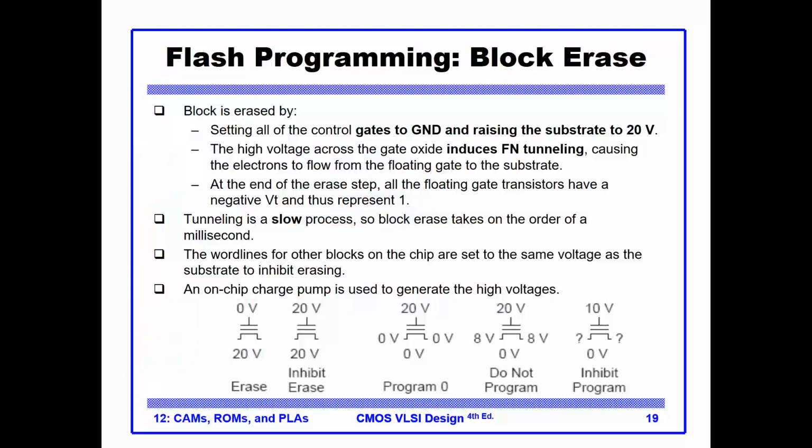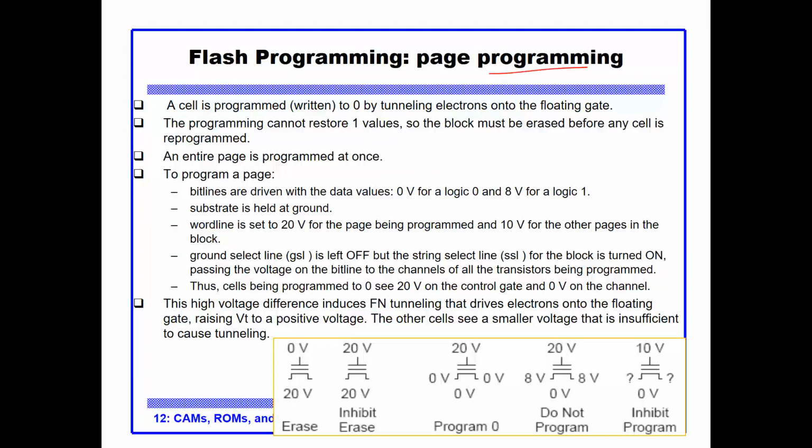Let's talk now about programming, which is for a page. Programming is an operation on a page. The erase is an operation on a block. When we program to a zero, it's the opposite: we tunnel electrons onto the floating gate. Once we tunnel electrons onto the floating gate, we raise its voltage. It's no more negative, and now it operates in the normal mode instead of always-on mode.